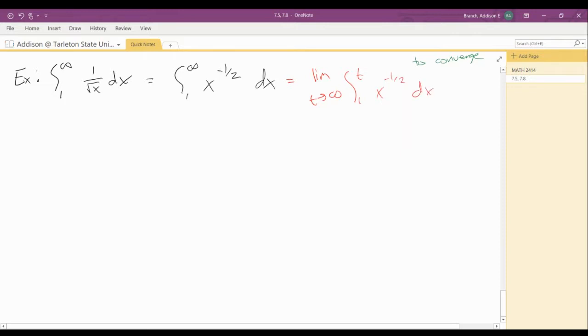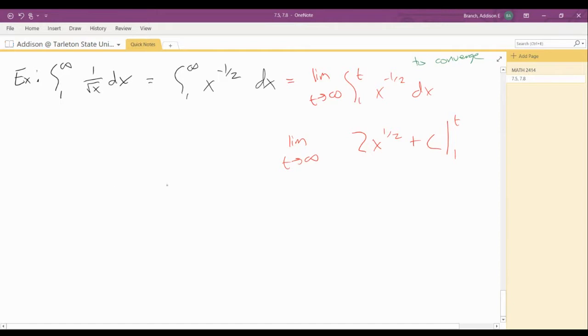So now we're in a spot where we can actually integrate this. So x to the negative 1/2, that's a pretty easy integral. You add 1, you get 1/2, and then take care of the coefficient, which is 2. And then of course our plus c, but since we're doing definite integrals, we don't have to worry about that as much. We are going from 1 to t, and taking the limit as t goes to infinity.